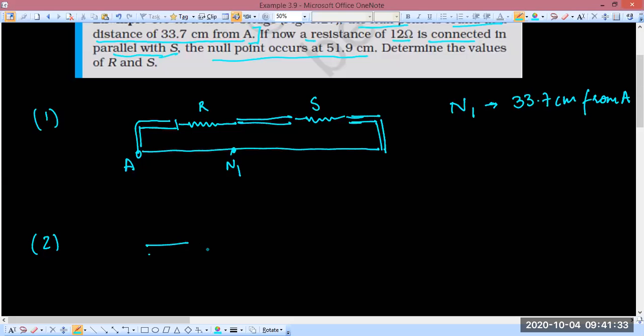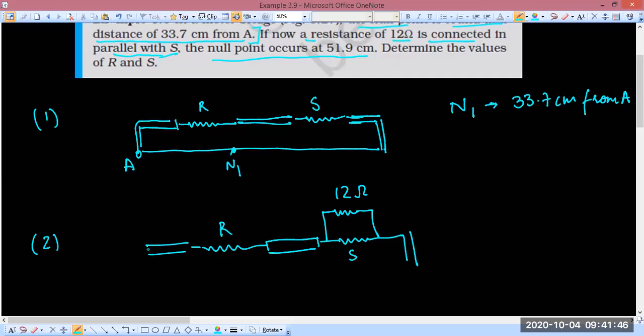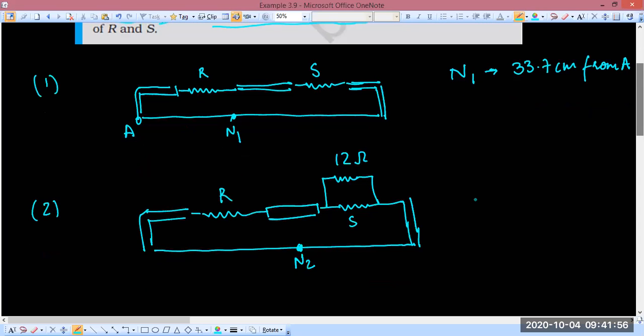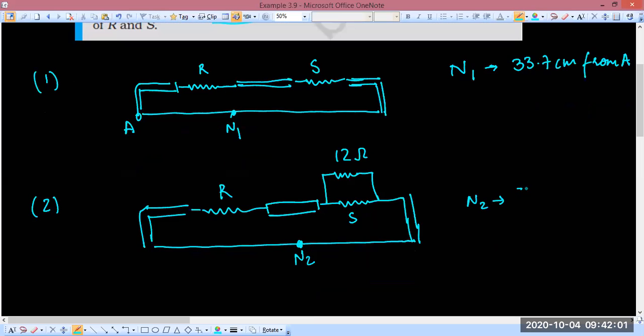Again the same diagram. ઓકે, ચાલે, આપણે બહુ એક્ઝેક્ટ ડ્રો કરવું જરૂરી નથી. ક્લિયર? Now the new null point is maybe somewhere here. Right? So N2 is at what? Okay.